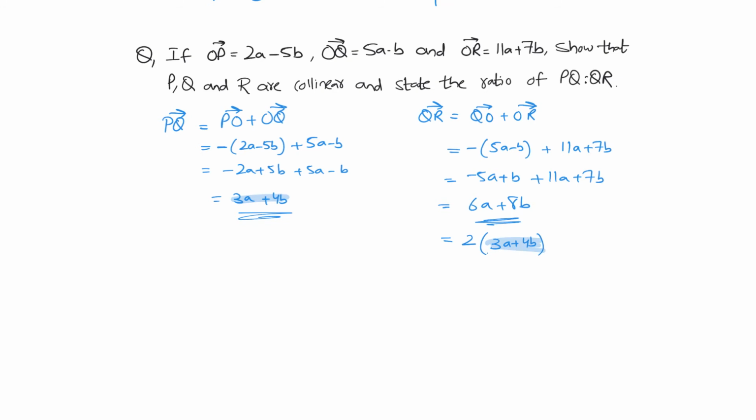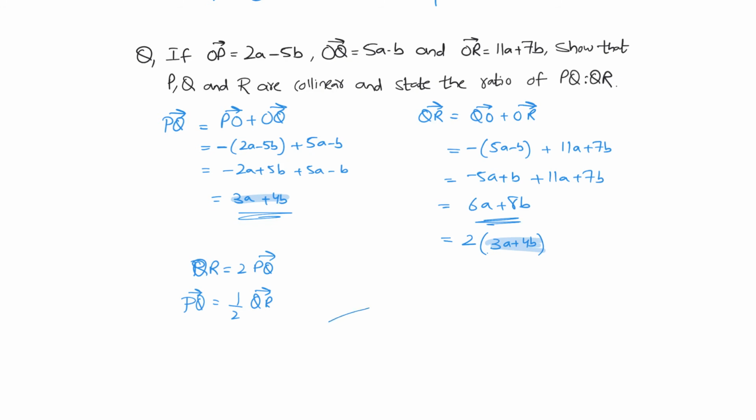So I can say that QR is twice of PQ, and PQ is going to be 1 over 2 of QR. If QR is twice of PQ, I can rearrange and write the equation as PQ is going to be half of QR.